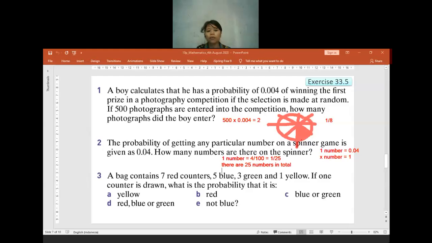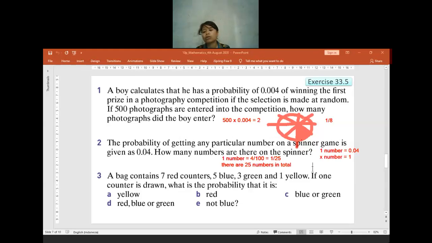Same thing for this question: the probability of getting any number on a spinner is 0.04. I can change it into a fraction, 1 out of 25. The 1 is for any number on it, 25 is the total number on it. So there will be 25 numbers in total.